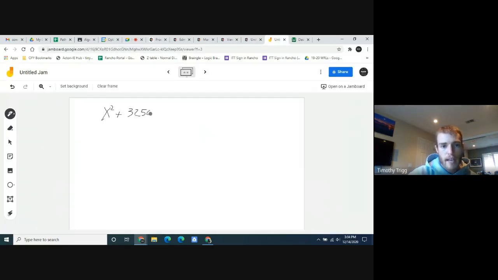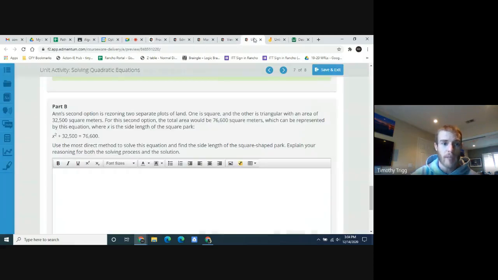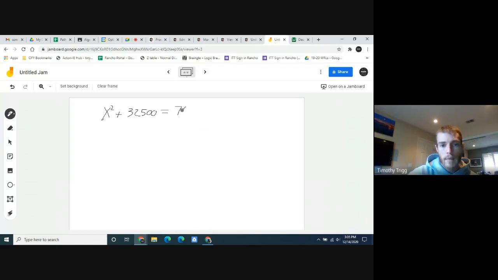Whenever it doesn't have an x term, you actually don't need to use the quadratic formula. You still can use the quadratic formula. Quadratic formula is always an option. It'll always work. But you don't have to in every case. And if you don't have an x term, you just have an x squared term and a constant, and it's a constant over here as well, then you could just solve it like I'll show you here.